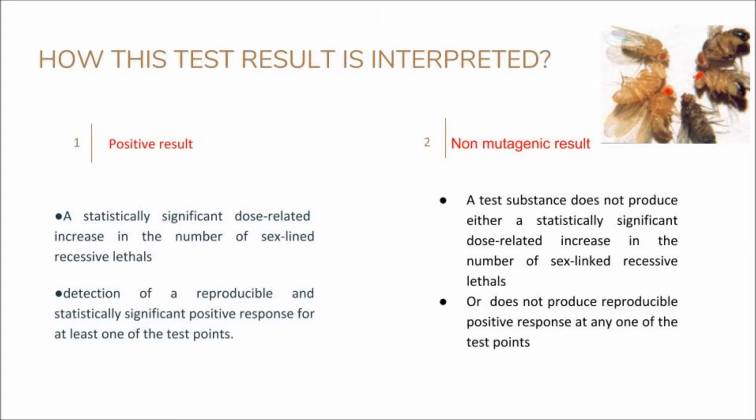Moving on with the non-mutagenic result. A test substance does not produce either a statistically significant dose-related increase in the number of sex-linked recessive lethals or does not produce a reproducible positive response at any one of the test points.